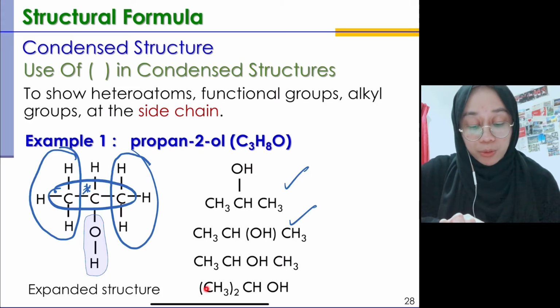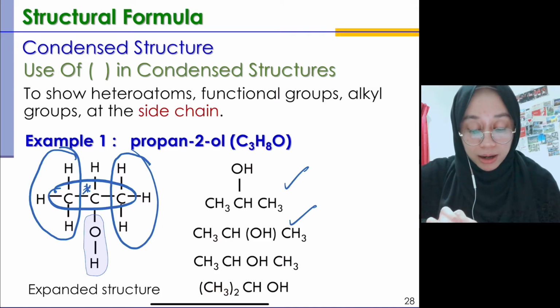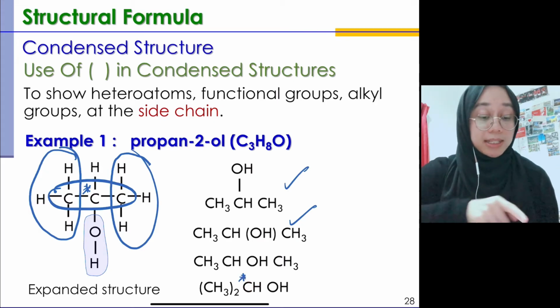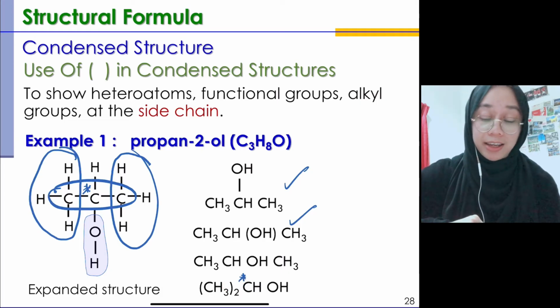Therefore, kamu boleh guna CH3 bracket 2 and then baru kamu tulis carbon yang kedua ni. So, this carbon here yang Miss starkan tu, that is actually the second carbon. Just to show that this carbon here yang ada star one ni, okay, dia ada 2 CH3 group yang attach dengan dia. Okay, yang tu pun boleh.